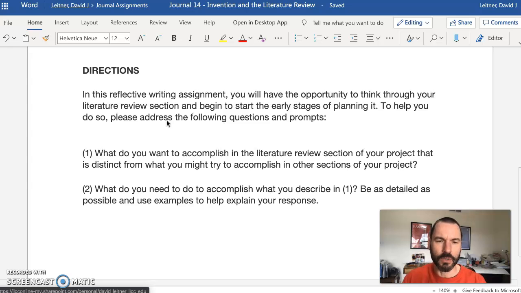The second question is, what do you need to do to accomplish what you describe in one? You were trying to do something with your research, and what is that thing? That's what this assignment is asking you to figure out.